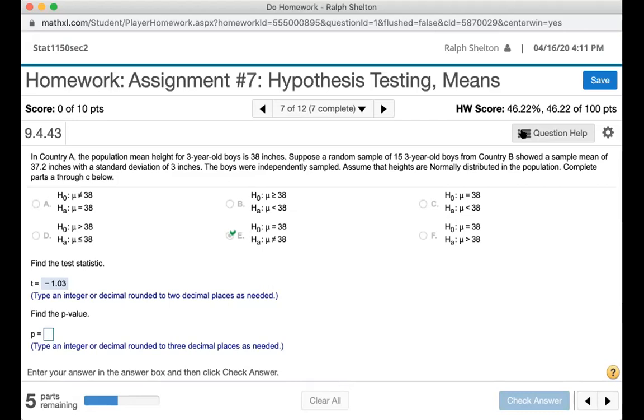That's the area in this tail. I'm going to switch the camera here. But the p-value also includes the other tail, this would be t equals positive 1.03. Okay, switch the camera.